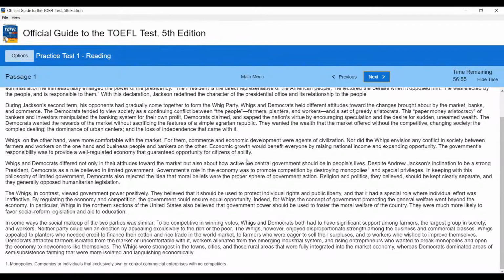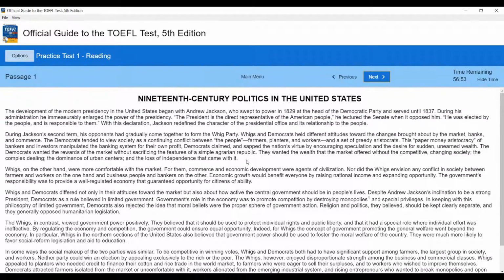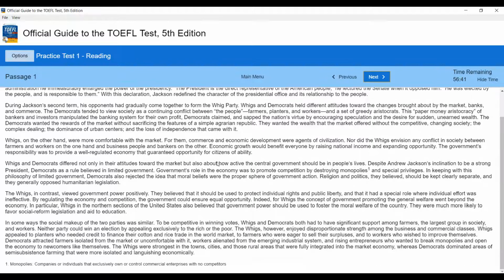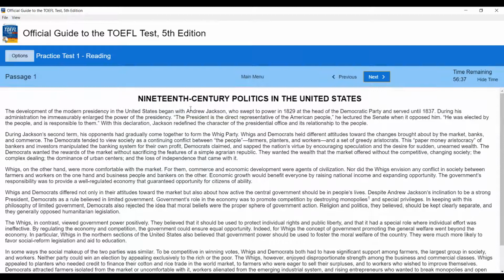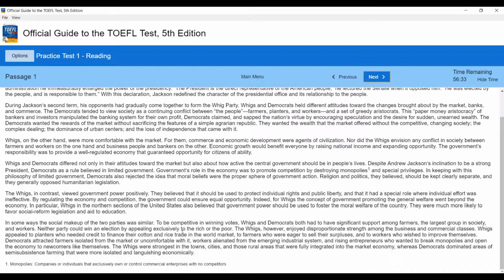But I actually would not recommend doing that, because question number 1 is going to be about the first paragraph. By the time you get to the bottom paragraph, there's a chance you're going to forget what was in the first paragraph, and what is in your short-term memory would be the last paragraph that you read.